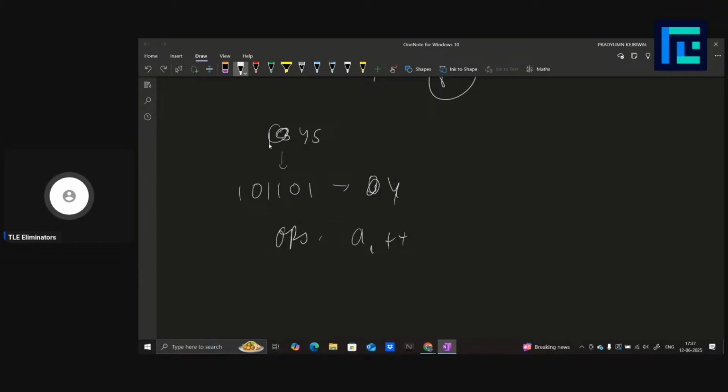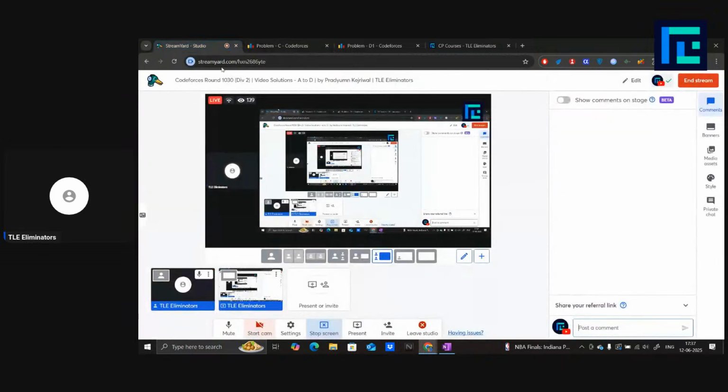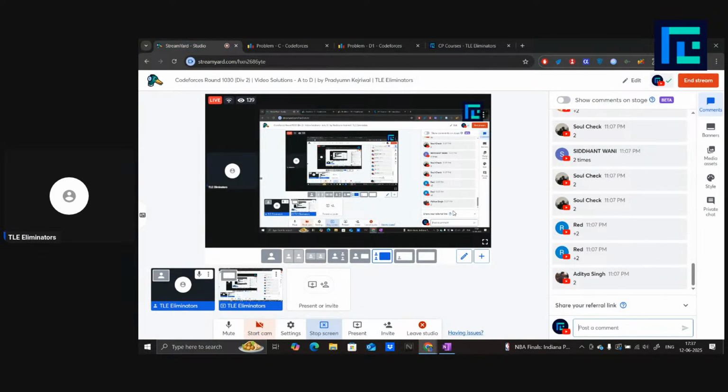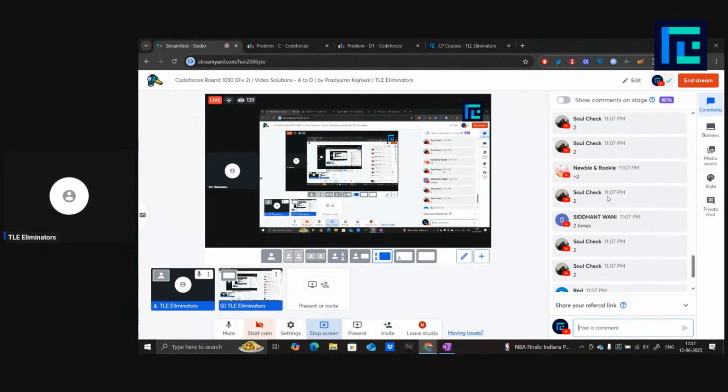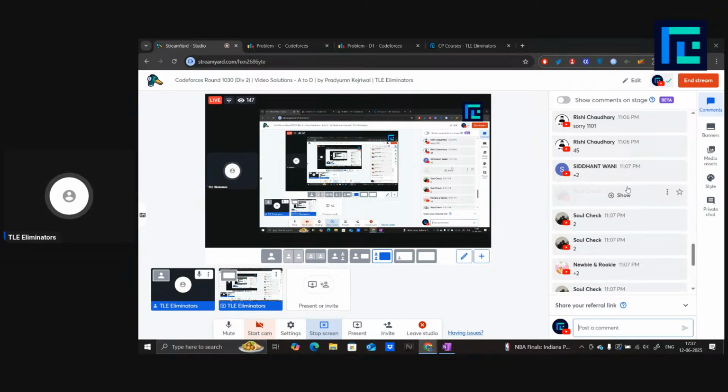So just, guys, tell me at least how many times do I need to increment this number to make the number of set bits 5? So at least how many times do I have to increment this to make it 5? Just tell me that. 2 times. Okay, how did you guys predict my question?